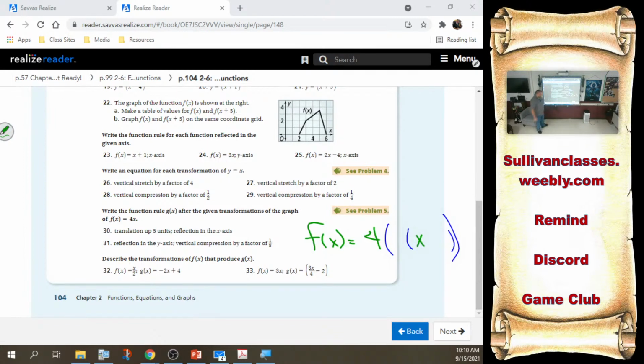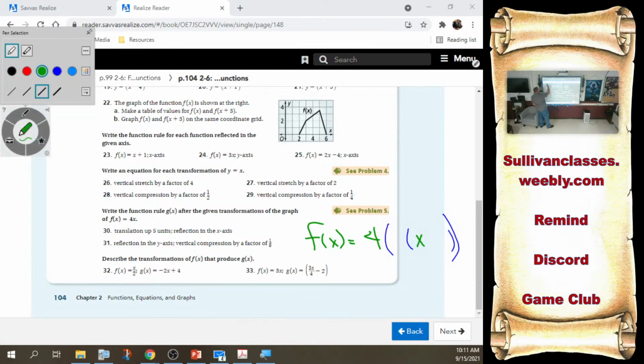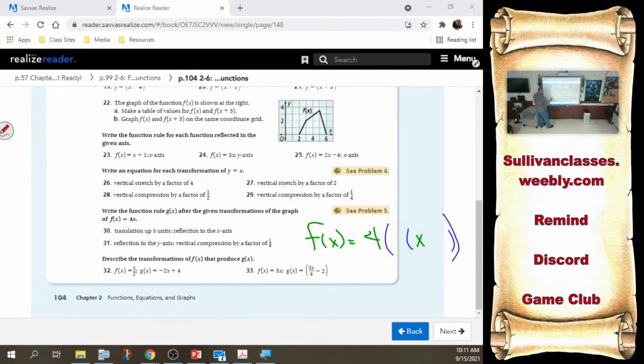There's already something in the A spot, right? Now, I can change it, but there's already something in the A spot. I know it's an A because there's no parentheses. Nothing in a B because there's no parentheses. No H, no K, no parentheses, nothing added at the end. So I'm just going to leave those spots blank to then do whatever they said, which is translate up 5 units.